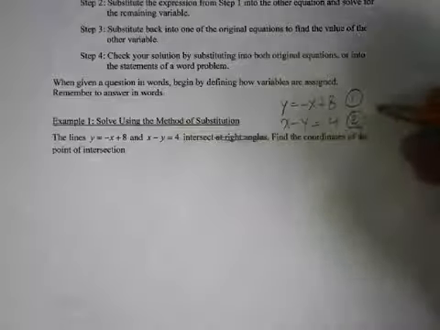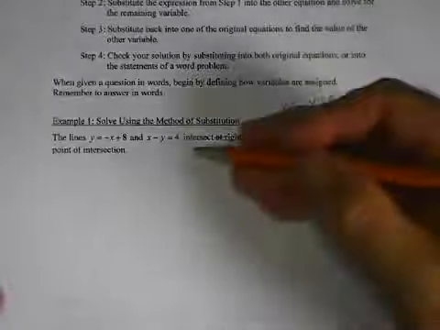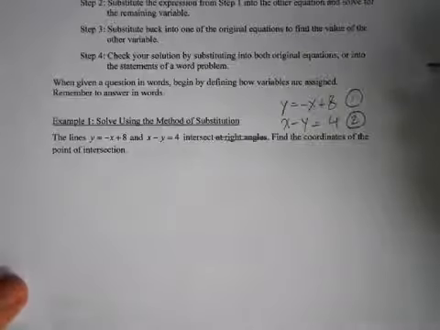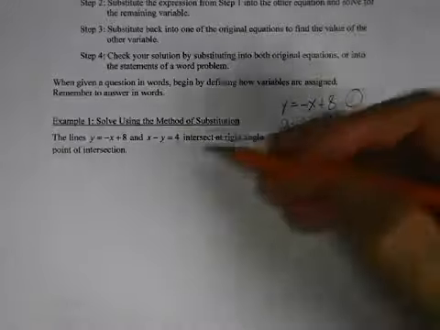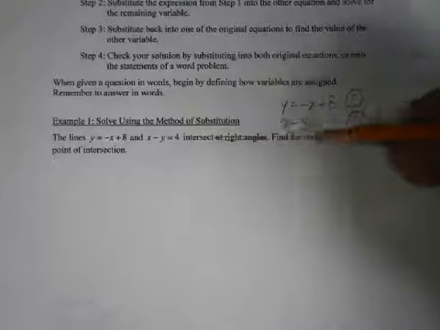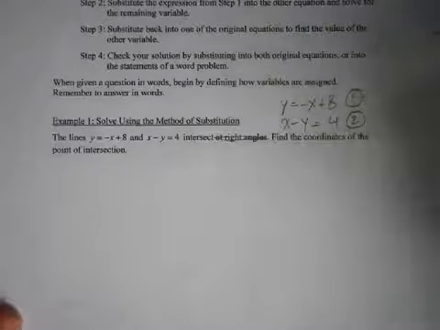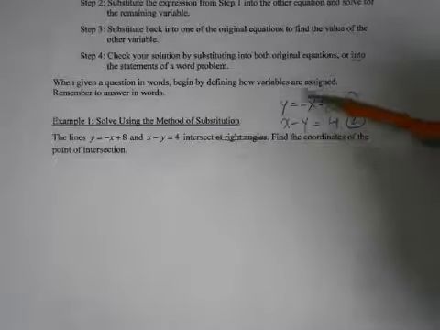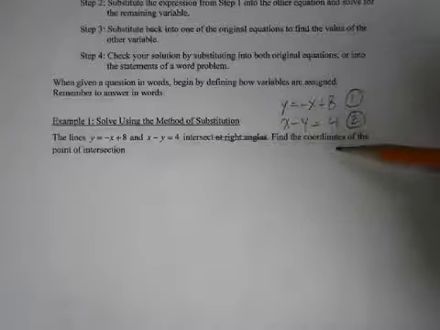Now the reason why we label them, now that we're working with 2 equations, is you don't want to have to keep saying over and over x minus y equals 4 every time I'm talking about it. I just say equation 2, equation 1, and so on. Okay. Now, first thing we have to do is we're going to pick a variable. Now you notice there's 2 variables, x and y, in both equations.